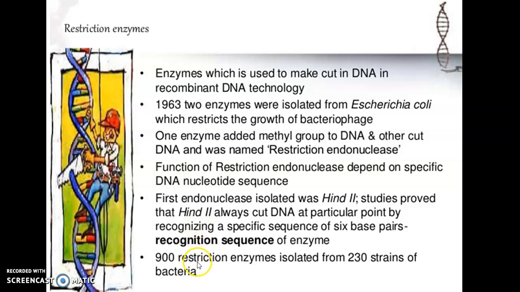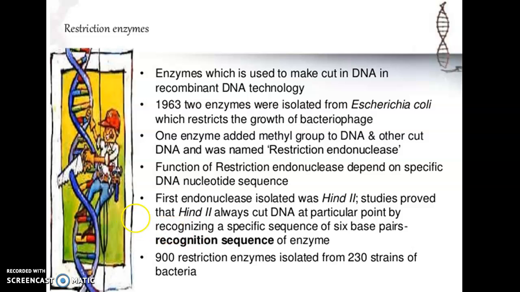Likewise, 900 restriction enzymes have been isolated from 230 strains of bacteria. They screen the DNA and cut the DNA at specific sites only. These sites are called recognition sites, or also restriction sites. At that site, the DNA molecule is cut.